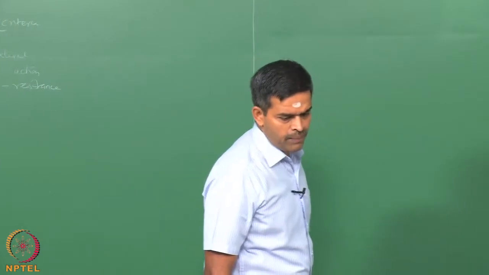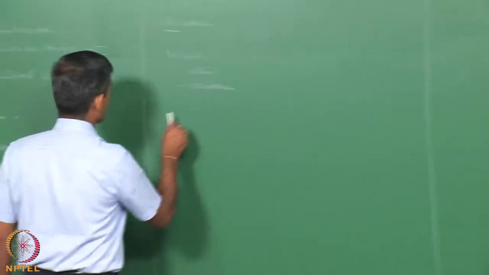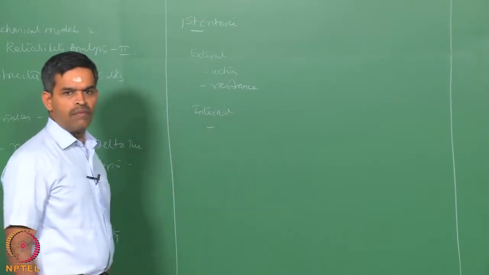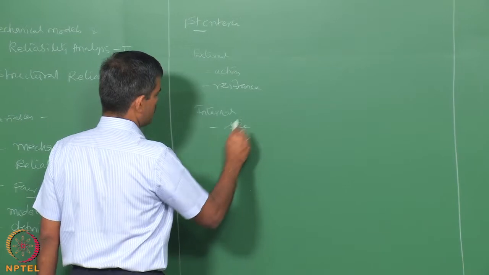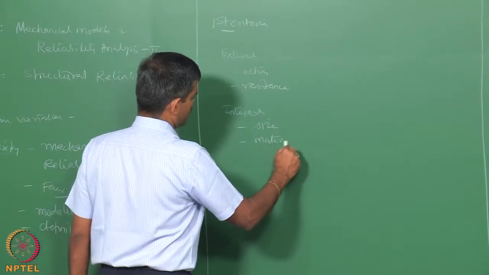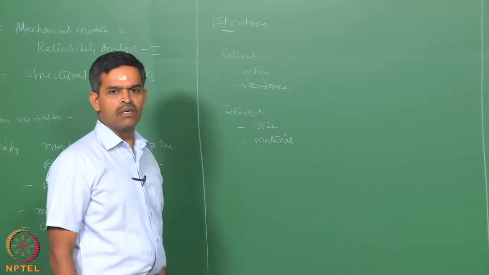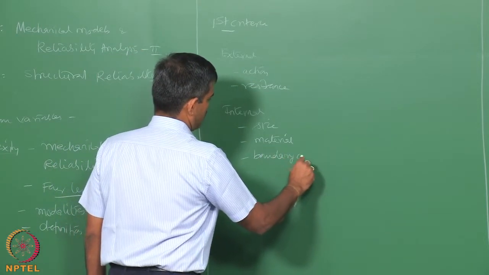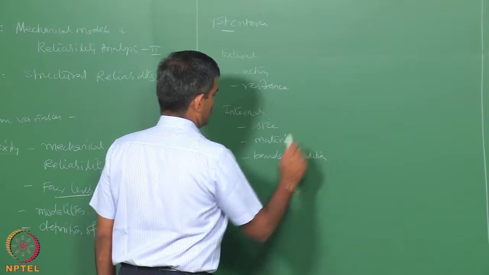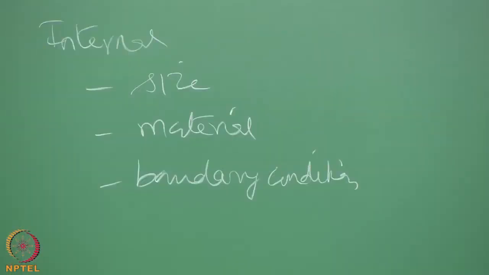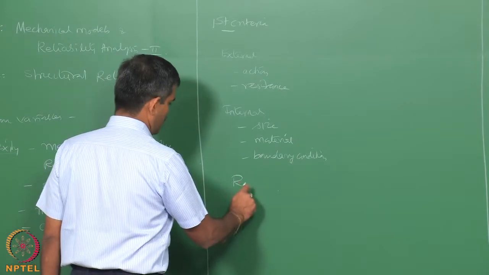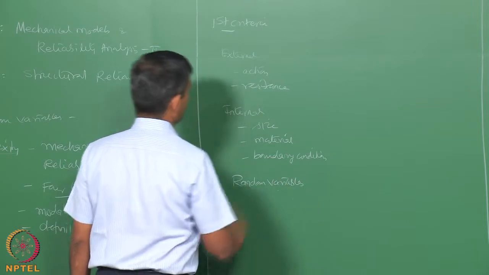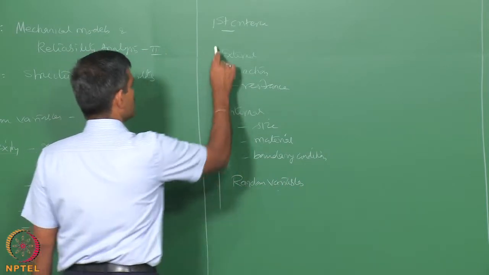The second could be internal, which can essentially come from the size of the member, from the material characteristics of the member used for the mechanical modeling. Can also look at the boundary conditions which are used for the mechanical modeling. The third will lead to the randomness in the variables used for the input analysis. I call this the first stage.